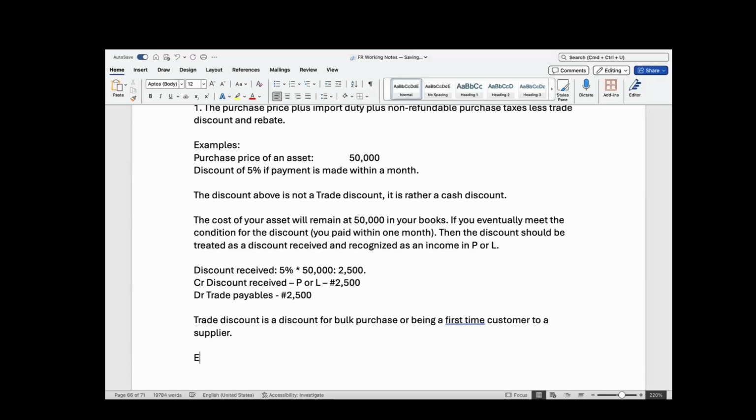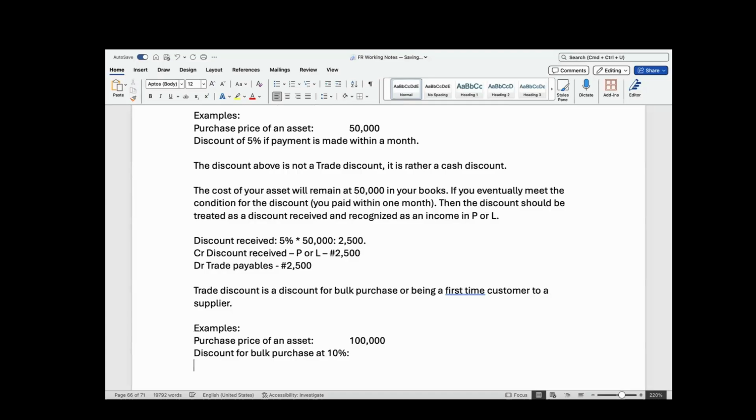An example of such a scenario is that you have a purchase price of an asset of 100,000. The supplier decides to give you a trade discount for bulk purchase. They will specify it's a trade discount or discount for bulk purchase, at 10%.